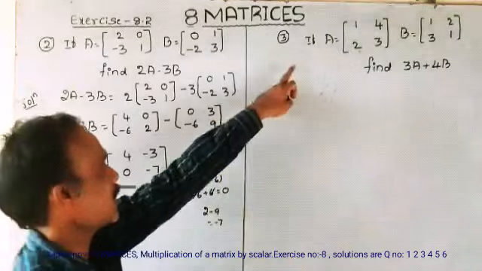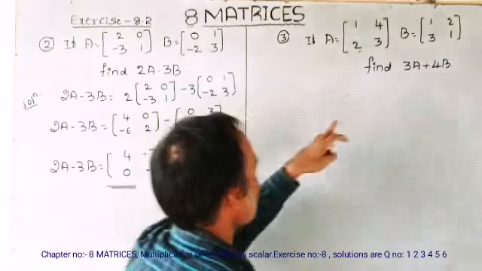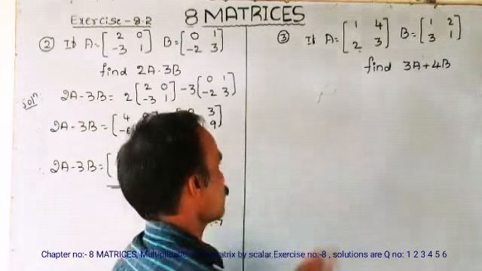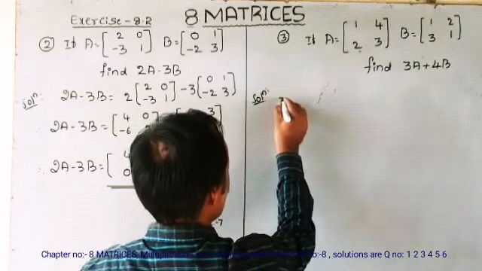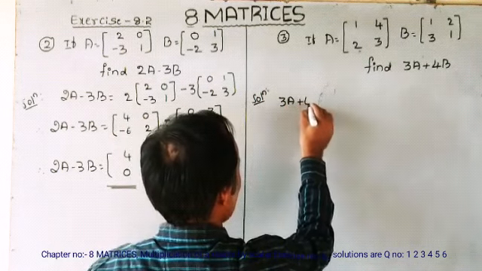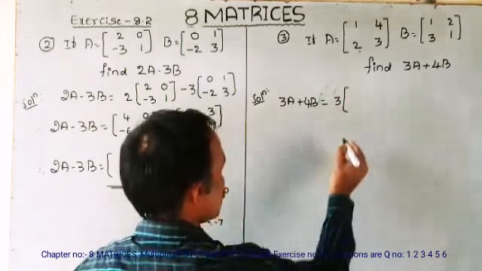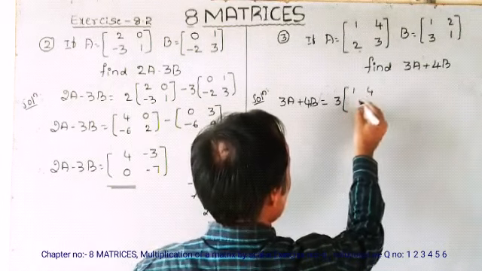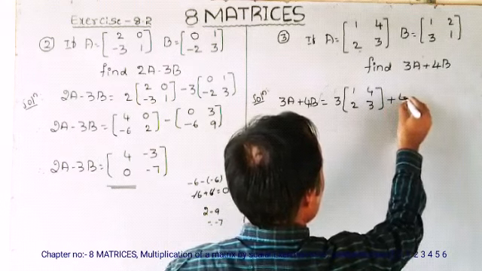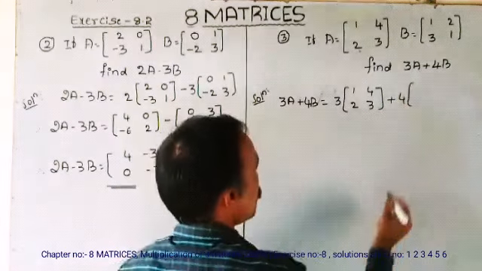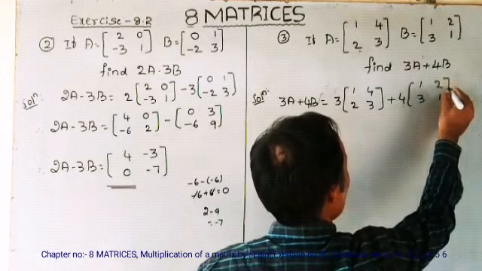So next question. If A is equal to 1, 4, 2, 3, B is equal to 1, 2, 3, 1, find the value of 3A plus 4B. Solution. 3A plus 4B is equal to 3 into matrix A, 1, 4, 2, 3 plus 4 into 1, 2, 3, 1.